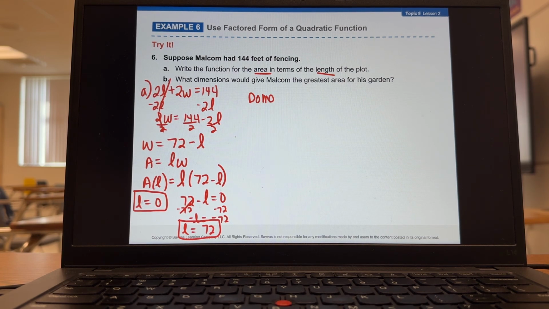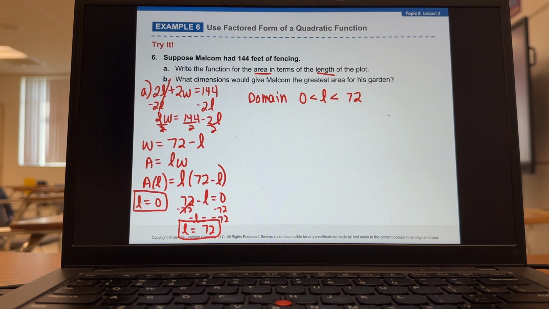So my domain would be 0 is less than L, which is less than 72. They're not asking us to graph it.